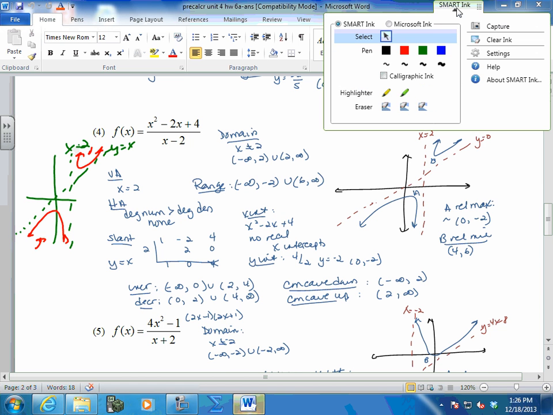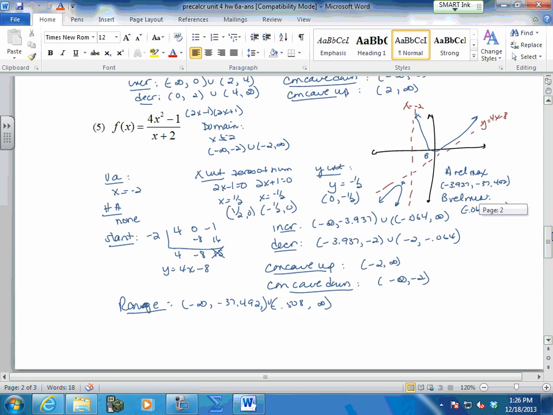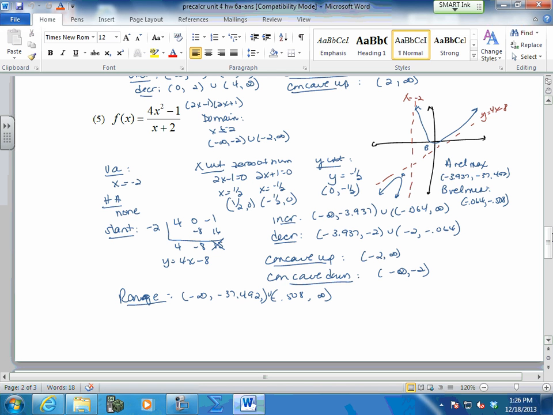Okay. Now, the last one, you could factor the top, but we couldn't reduce it. In the denominator, that gives me a domain restriction and your vertical asymptote. Your horizontal asymptote: the degree of the numerator is 2, the degree in the denominator is 1.